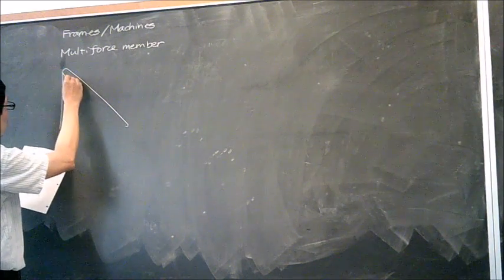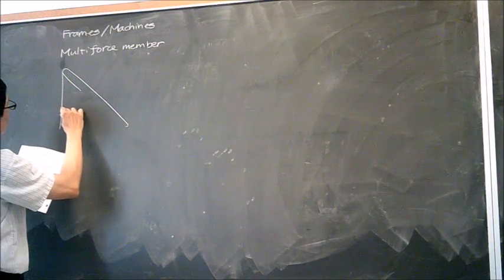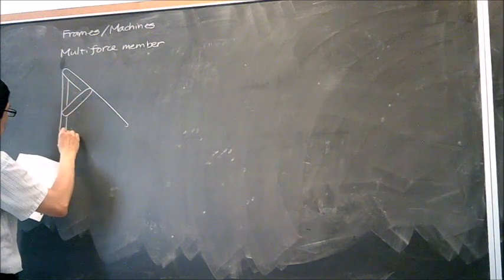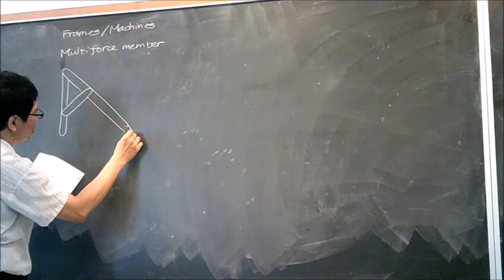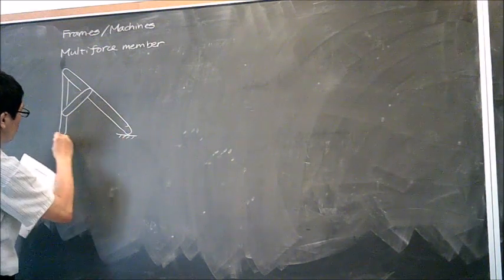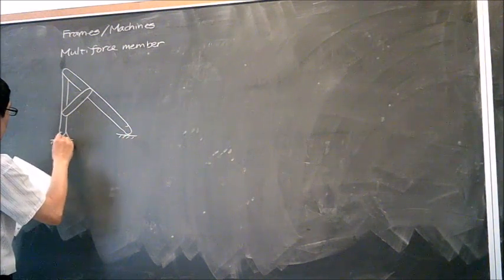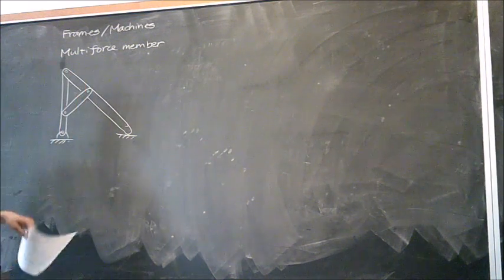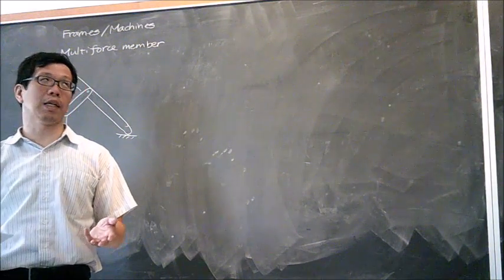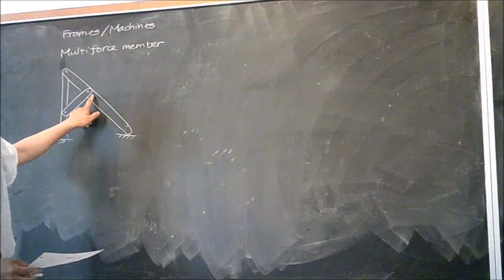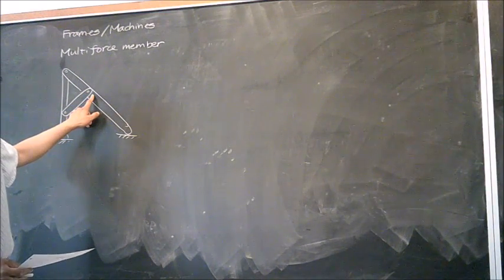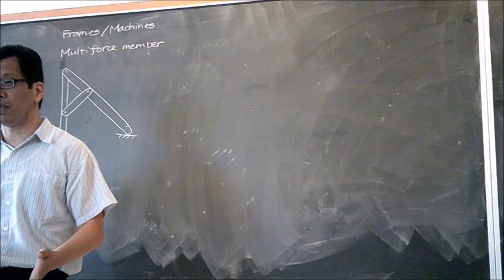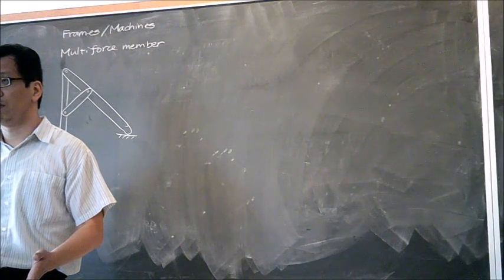For instance, this is in your notes. When you have a multi-force member, the third force in your system, you won't be able to. What is a two-force member? Let me start like that. What is a two-force member?